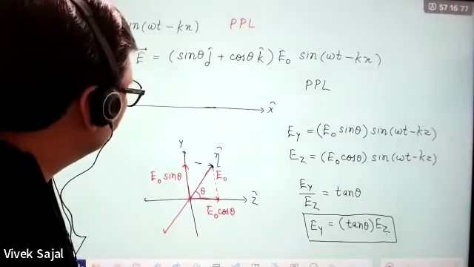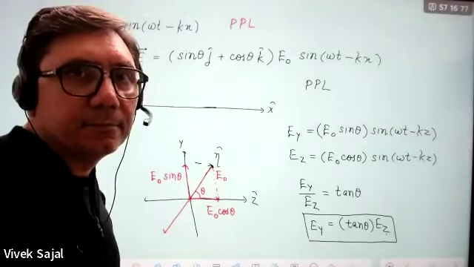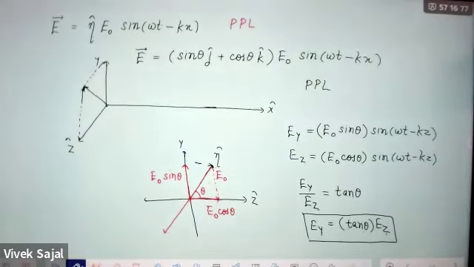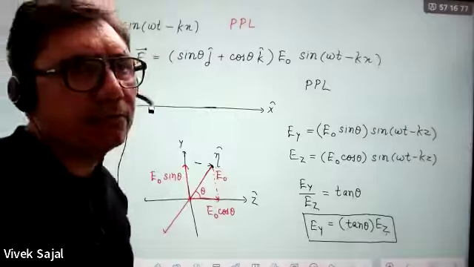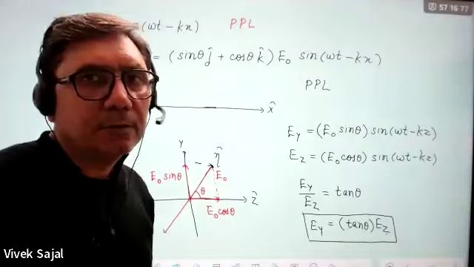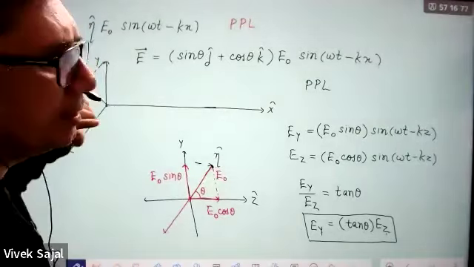Okay, why am I resolving this into two components? No, sir, I mean for the direction of propagation you have done the cross product, then it is coming x cap. So it is in the eta cap direction. So why have you resolved it into two components to find the direction of propagation? No, no, no, I'm not finding the propagation direction by resolving it.